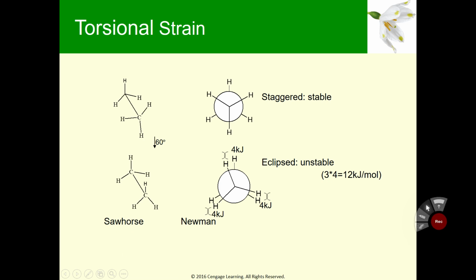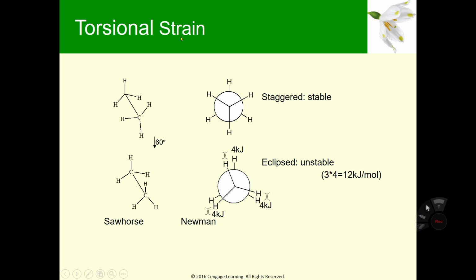Here, there's one thing that you have to remember. In the Newman projection, the torsional strain between CH and CH in the eclipsed conformer is 4 kilojoules, right? So if you count the number of CH torsional strains, you can easily calculate the energy due to the eclipsed state, okay?